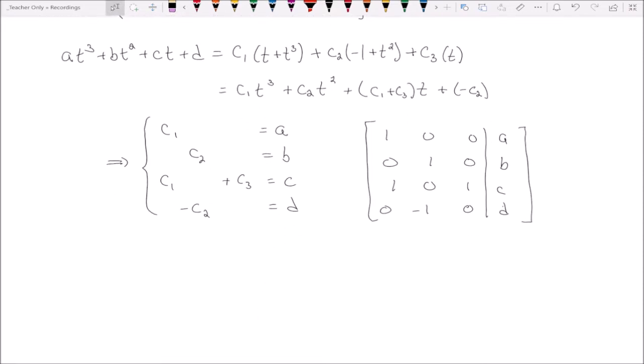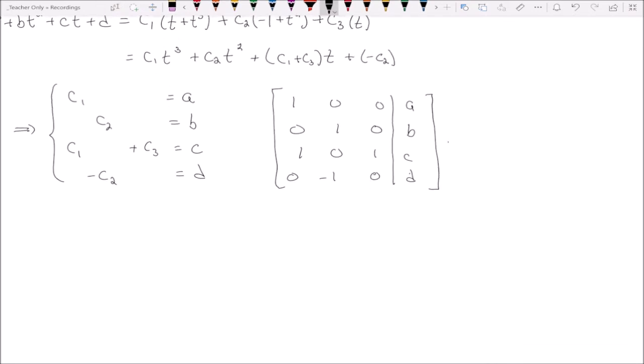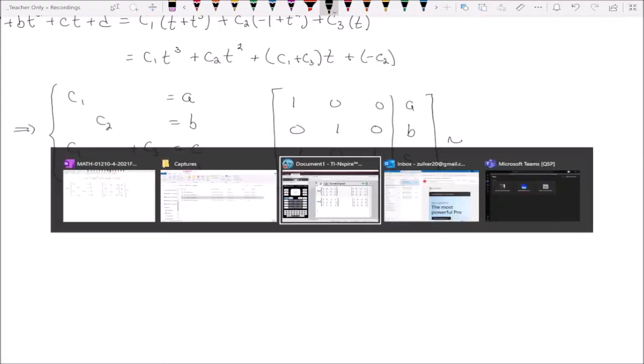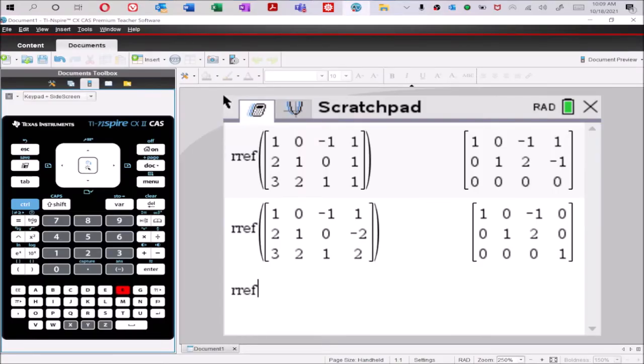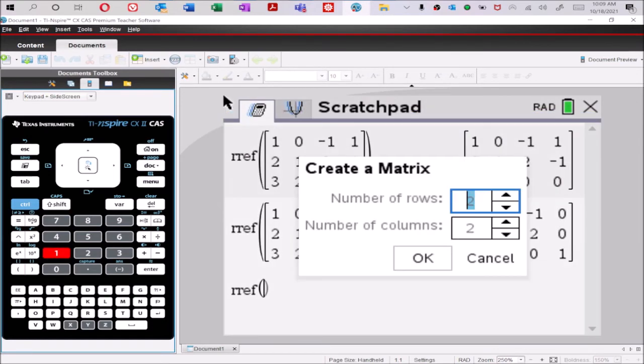This is going to be row equivalent to some matrix. Let's figure out what matrix it is. And so this time we have 4 rows and 4 columns.